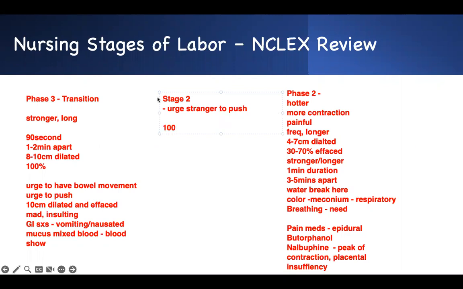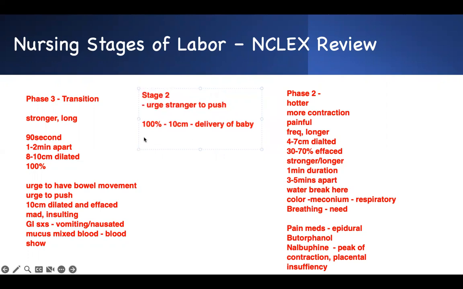The cervix is 100% effaced, which I've achieved in stage 1. And then you start from 100% effaced, 10 centimeters dilated, to delivery of the baby. This is what the stage is about. My main aim is to deliver somebody out. He's ready to pop out. So this is what we're going to focus on.